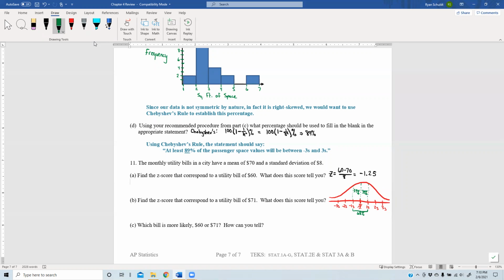Now, I'm at negative 1.25. So my value is actually kind of like right here. Well, I can safely say that, up here, this is half. So 50% plus 34% is about 84, at least 84% using the empirical rule. So let's see what I can fit in here.